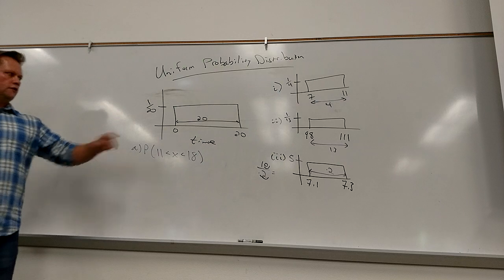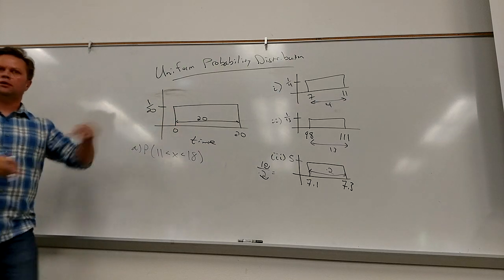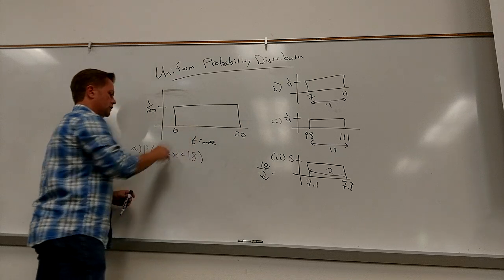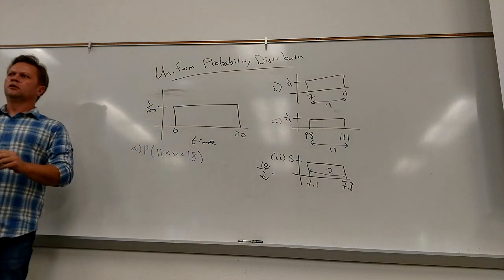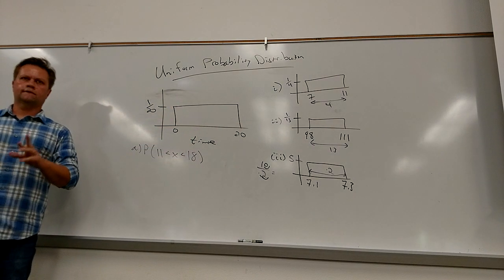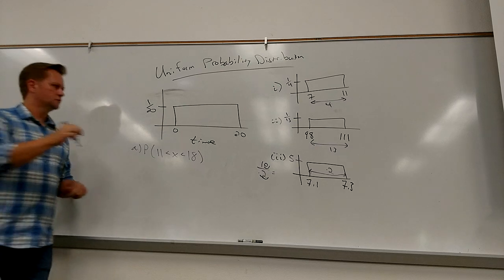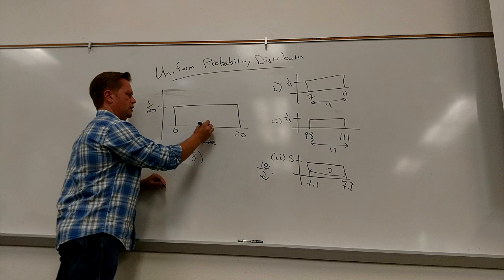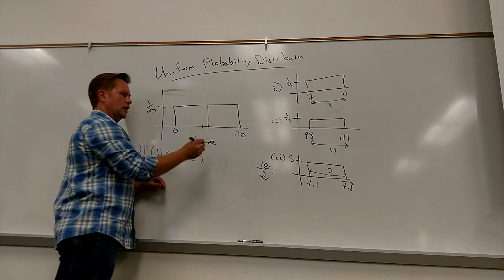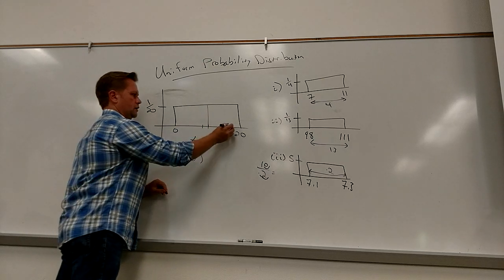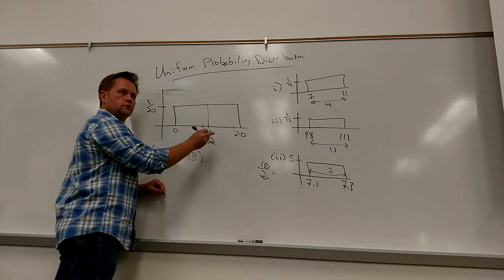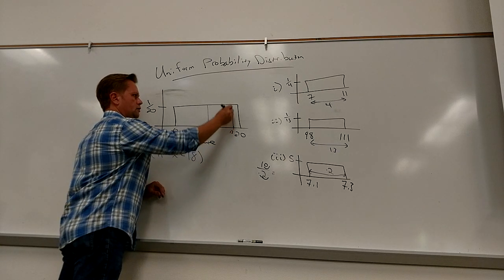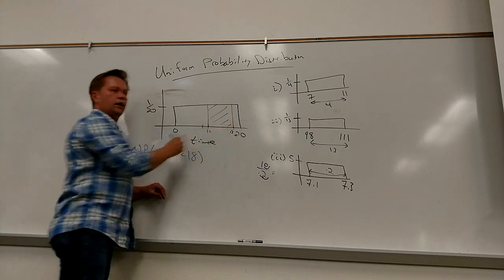If you got this picture drawn on your paper, can you indicate that area on the picture? Where's 11? What's right here? 10. So 11's like maybe right there. Where's 18? It doesn't have to be perfect. As long as you don't put 18 here. 11, 18. So the area we're talking about is right there.